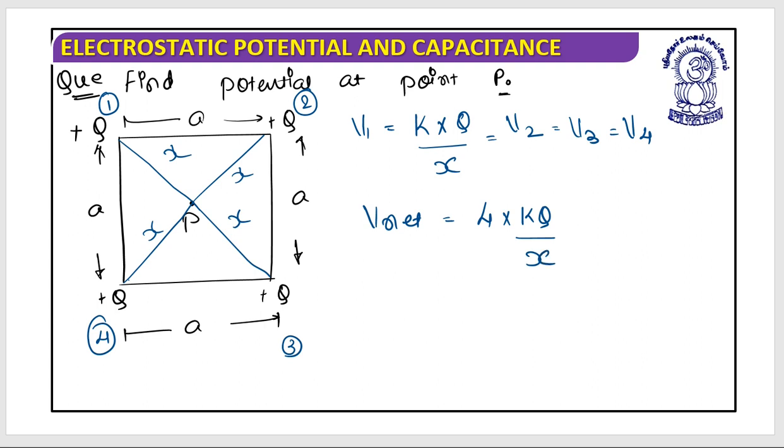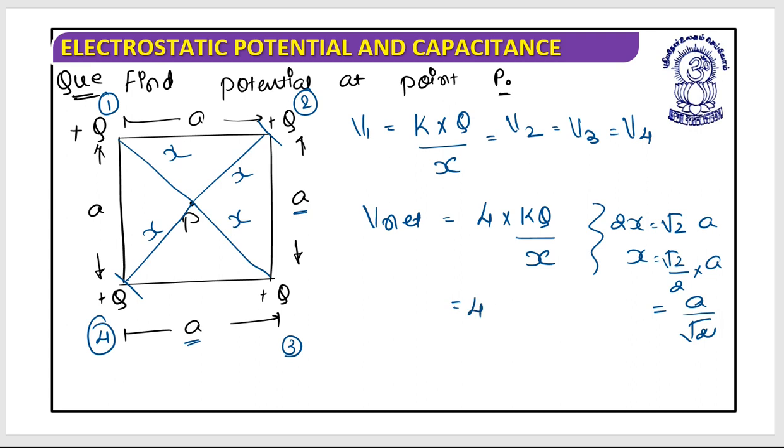Now what is x? Let's look. This is a, this is a, so this complete diagonal is root 2 a. This 2x equals root 2 a, and x equals root 2 divided by 2 into a, which is a by root 2.